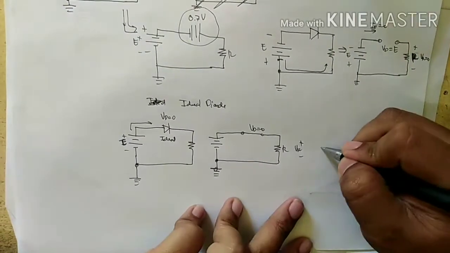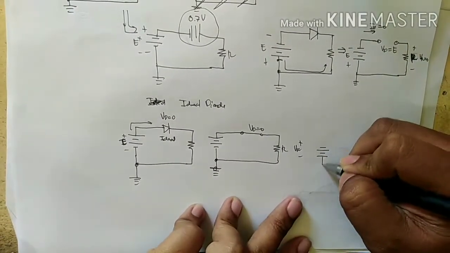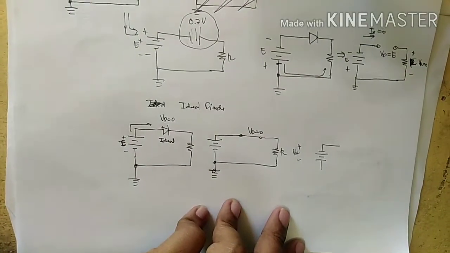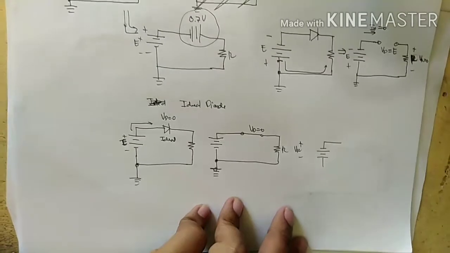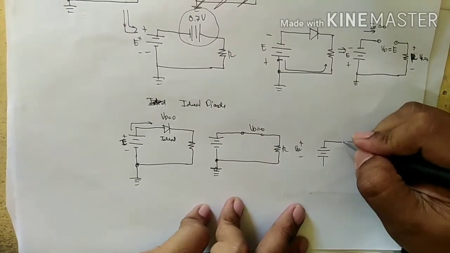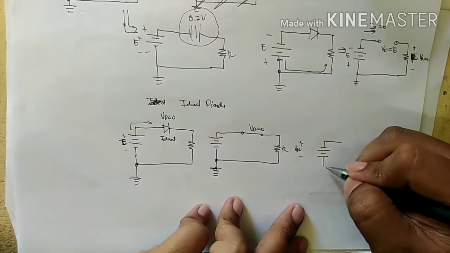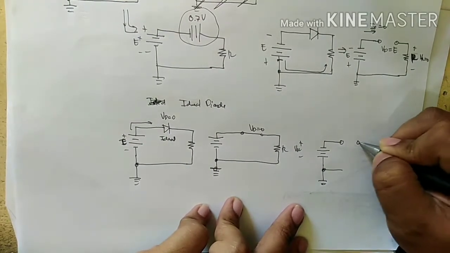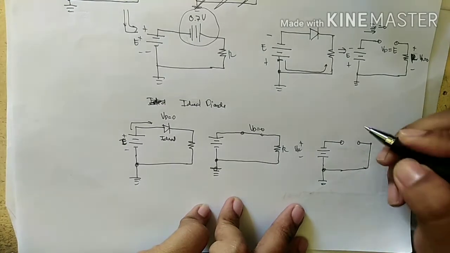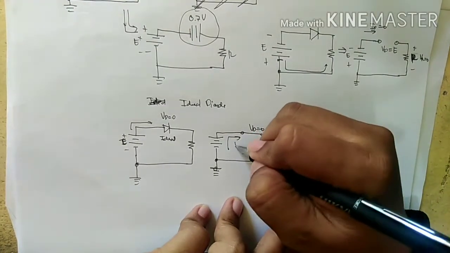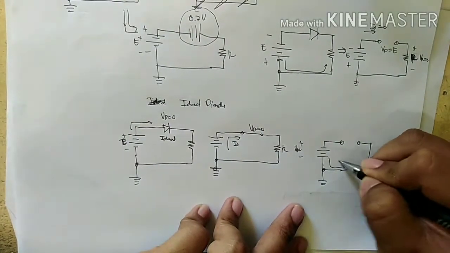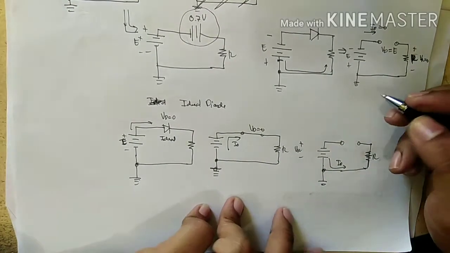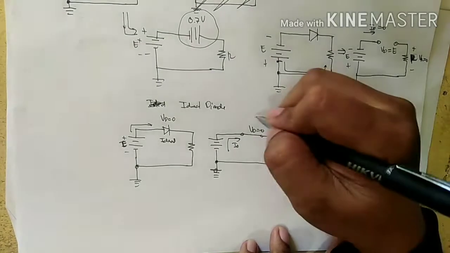Likewise, if it is reverse polarity, if it is reverse biased, since the direction of the current is reversed, our diode is reverse biased. So it is an open circuit.